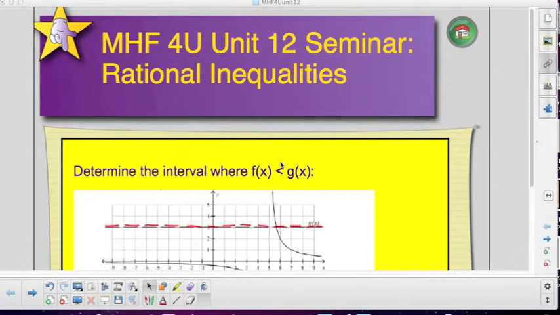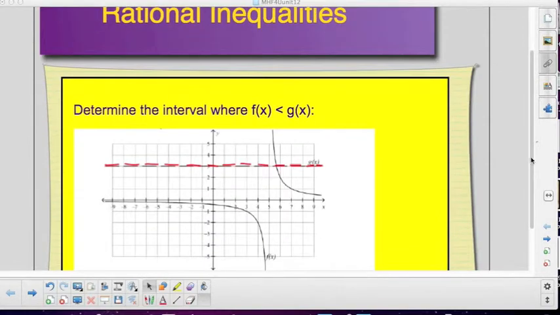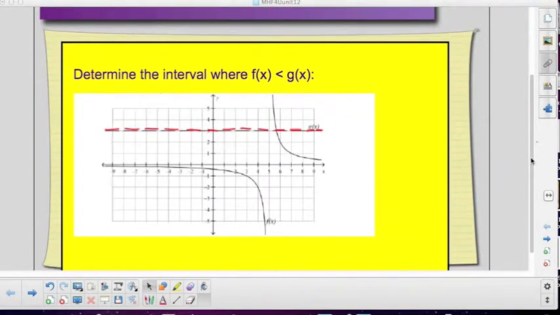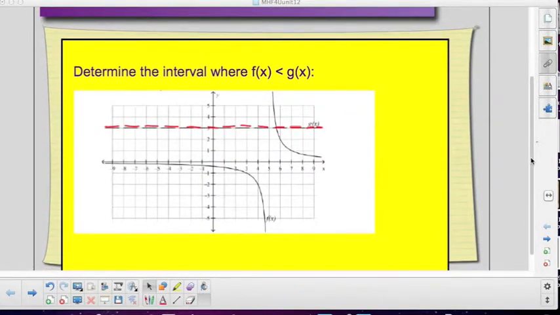to signs. Before we get into some actual questions, I want to examine the graphs and talk about the notation that you're going to be using. So here we have one particular graph, and it says determine the interval where f of x is less than g of x.